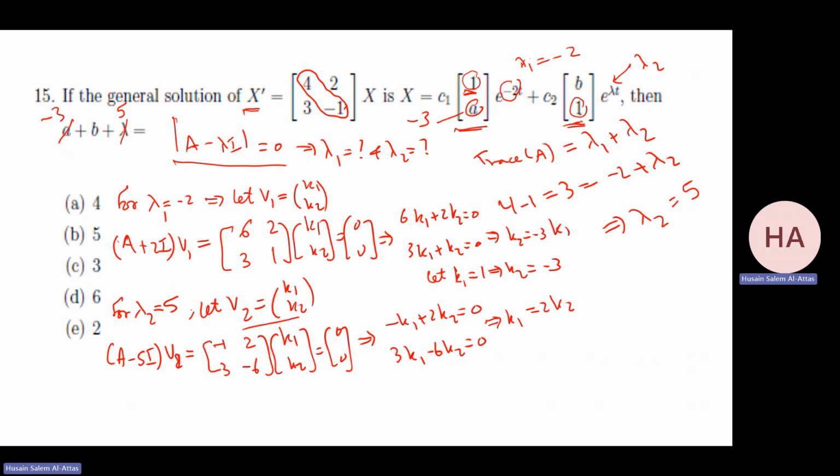So now I want K2 to be 1. Let K2 equal 1, I get K1 equal 2. So I have 1, minus 3, and here I have 2, 1. So B is 2, so this is 2. So I have minus 3 plus 7, which is 4. So this is my answer.